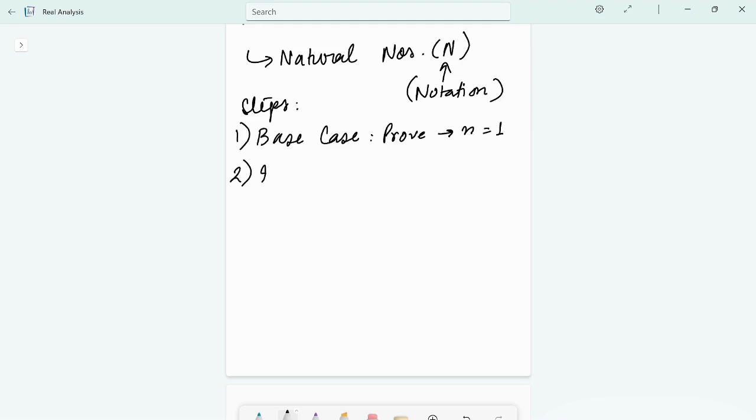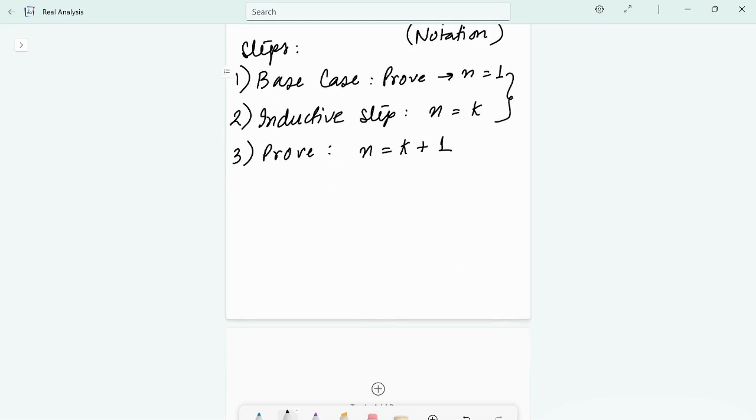And next is the inductive step, which is to assume it is true for n equals k. Third is to prove that it's also true for n equals k plus 1. If both hold, then the statement is true for all natural numbers.